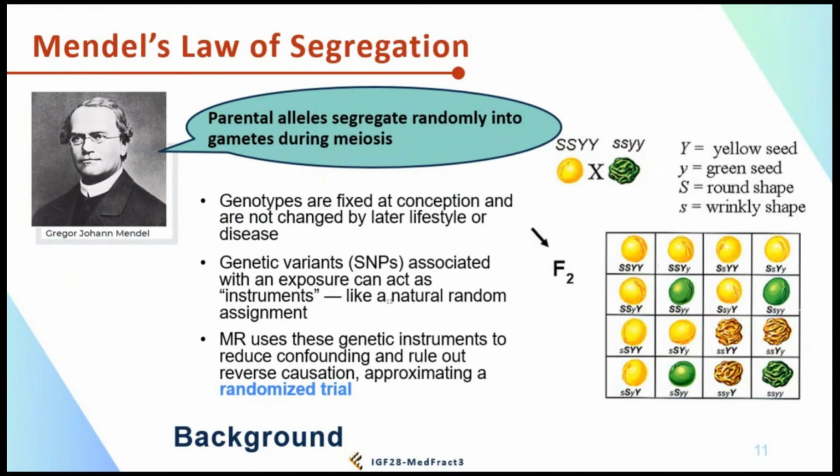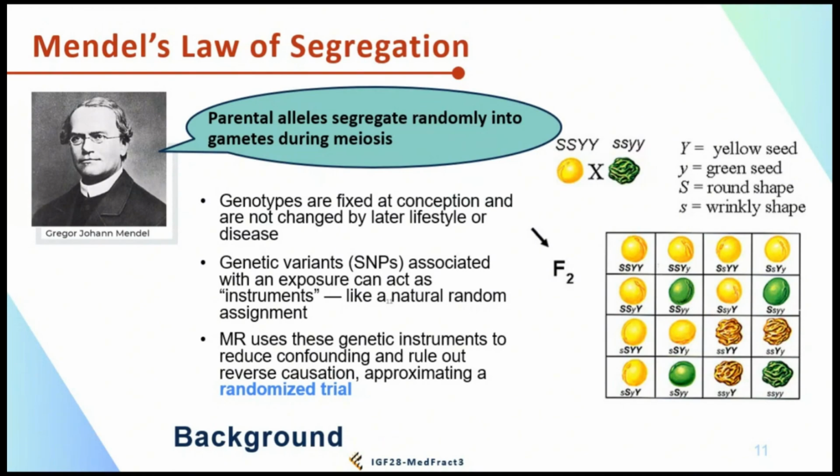So when a genetic variant, also called an SNP here, is associated with a reliable exposure, it can then serve as an instrumental variable to effectively allocate people to different lifelong exposure levels, in a manner similar to randomization in a trial.